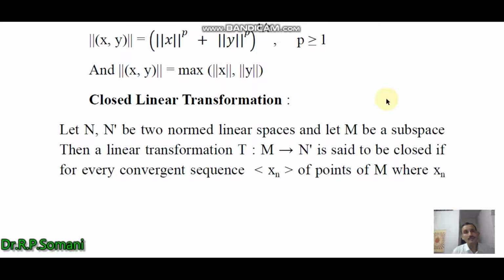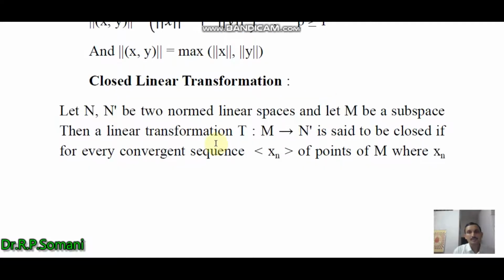Now we define a closed linear transformation. Let N and N dash be two normed linear spaces, and let M be a subspace.